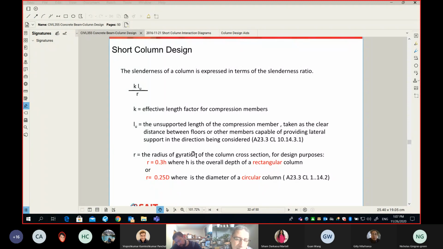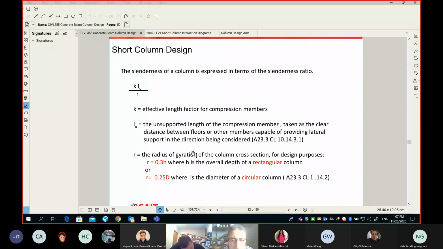Probably by now in your civil engineering life, you know that if you subject a member to axial force, something is going to happen, which is called buckling. This word is not new. You studied buckling in your steel course, maybe strength of materials. Buckling is an instability that happens to a member under axial force.